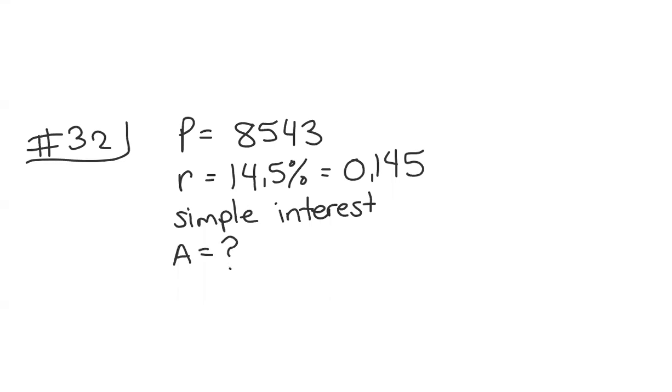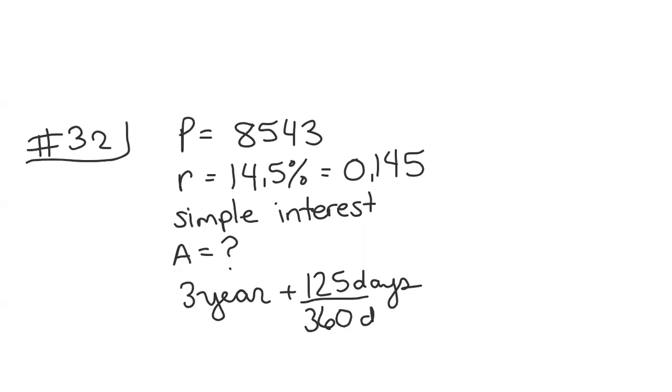So what's the future value? 3 years and 125 days later. So 3 years plus 125 days, when we have 360 days per year in your book for these equations, right?